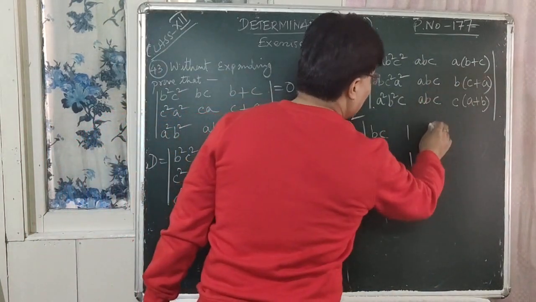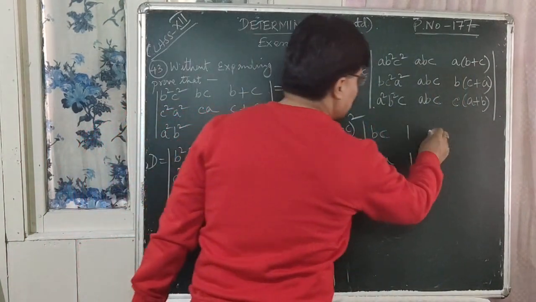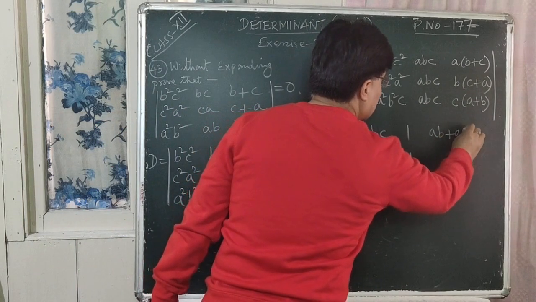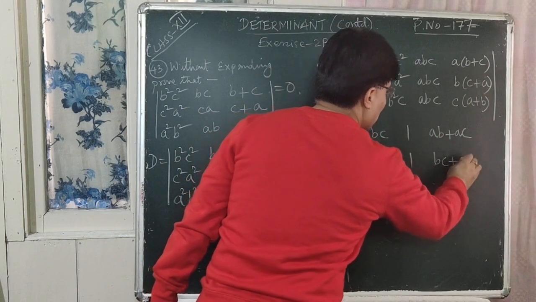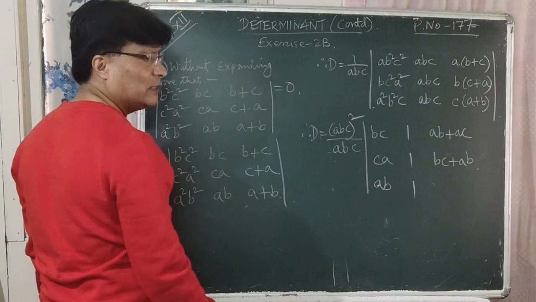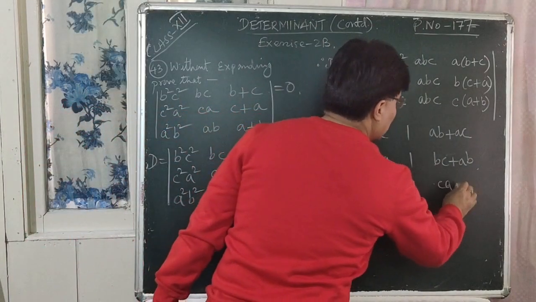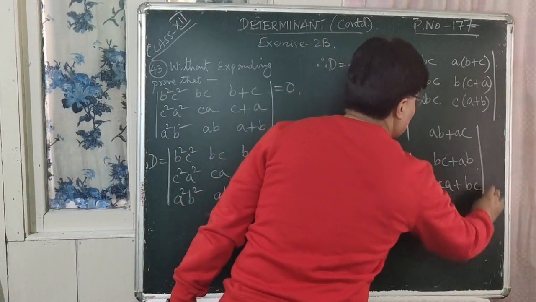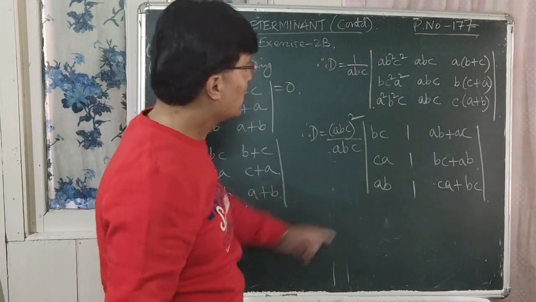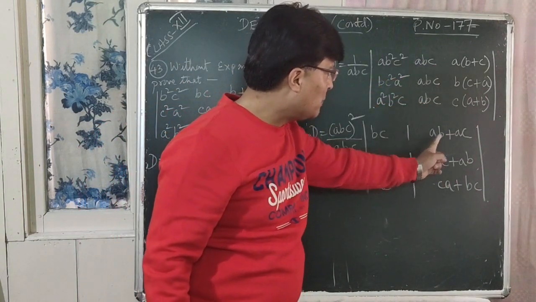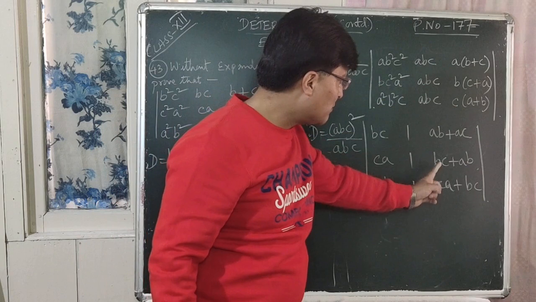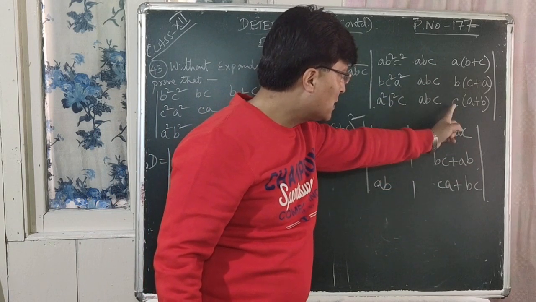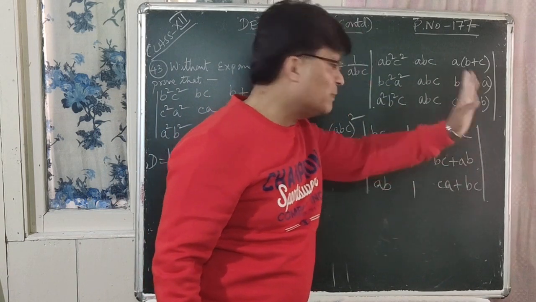Now multiply here, A into B plus C: AB plus AC. B into C plus A: BC plus AB. And C into A plus B: CA plus BC.